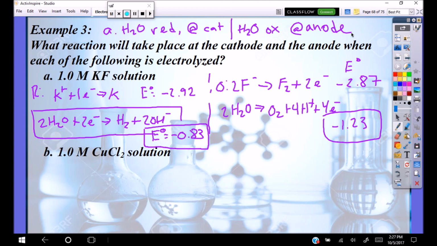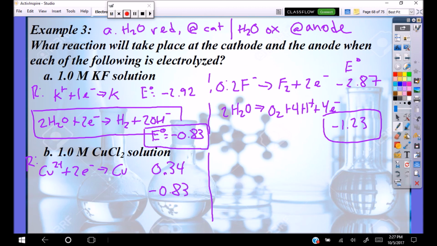With copper, still the same thing, we have to look at the potentials for each. So we have to look at our ions. Cu2+ is our reduction half reaction, going to Cu. This has an E value of 0.34, so this is already positive, so that's a good sign. And then we look at the reduction of water, the same one as before, negative 0.83.